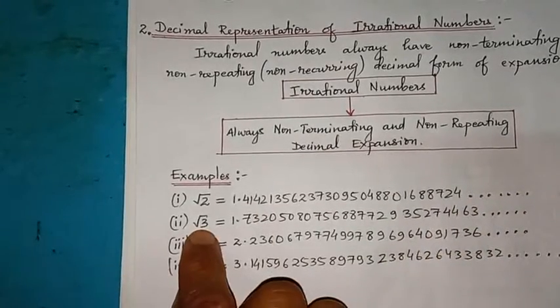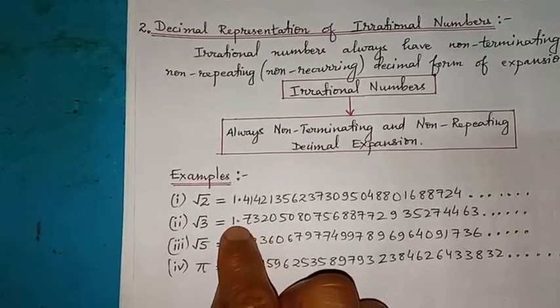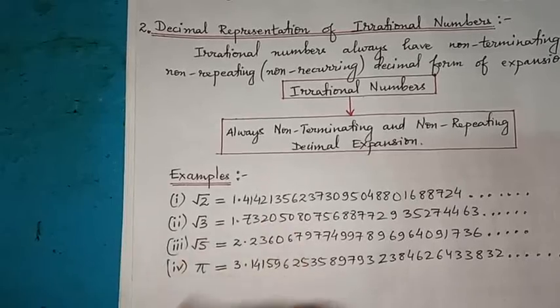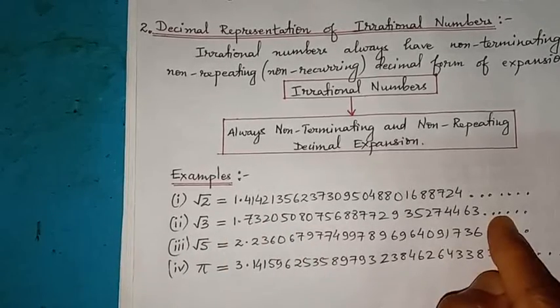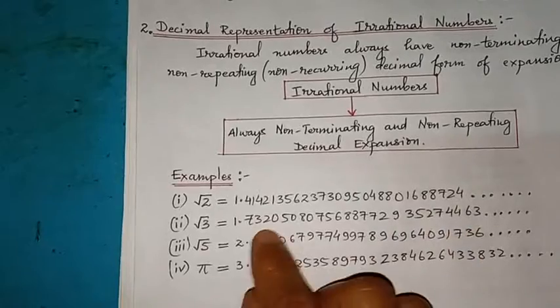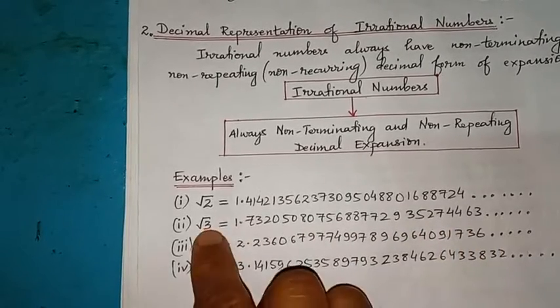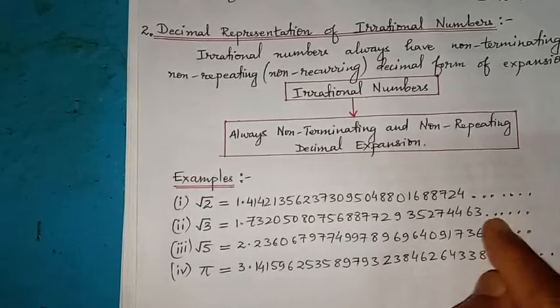Same here with root 3, sorry, the square root of 3. If you search Google, up to some places you can find it, and you can do it in your copy also. But to find more, in this Google search you'll find the root 3 value is like this. Here also the value of root 3 doesn't end, because it's continuous. Non-terminating and also non-repeating.